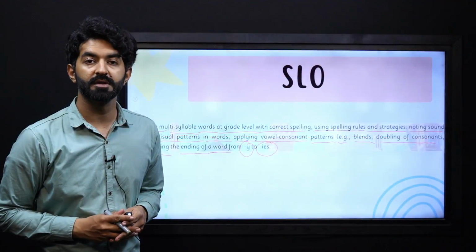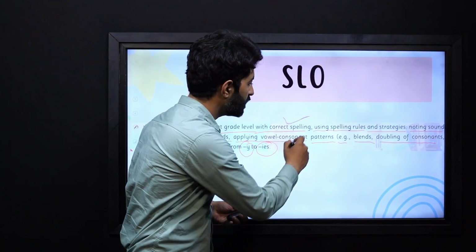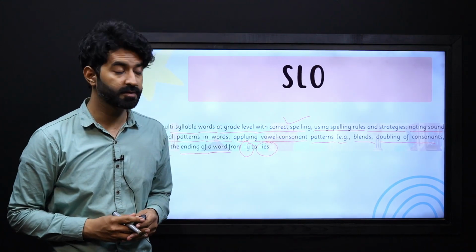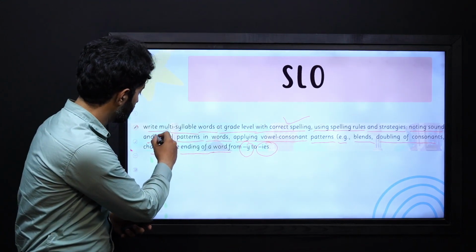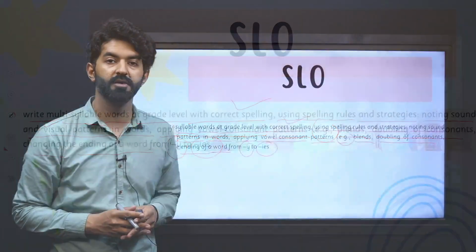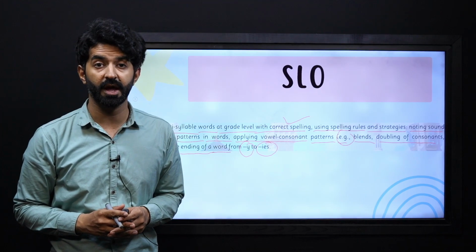So my dear learners, in this SLO we will be talking about using the correct spelling, using spelling rule strategies like noting the sounds, seeing the visual patterns in words, applying vowel consonant patterns, and we have some examples like blending, doubling of consonants, changing the ending of a word from Y to IES. So this is all about our students' learning outcome.